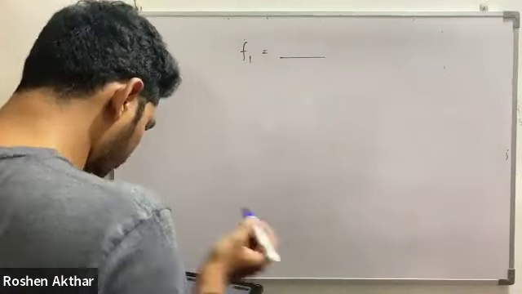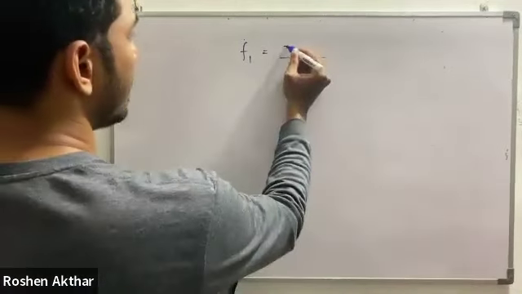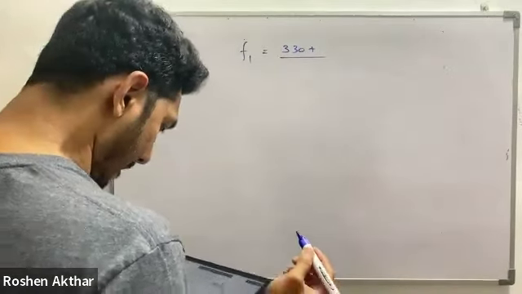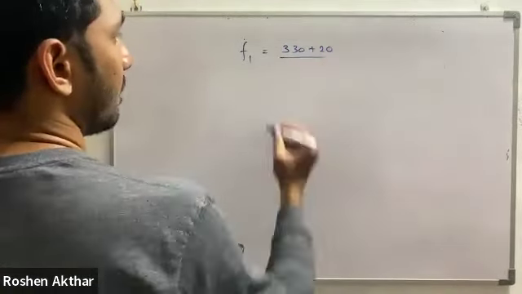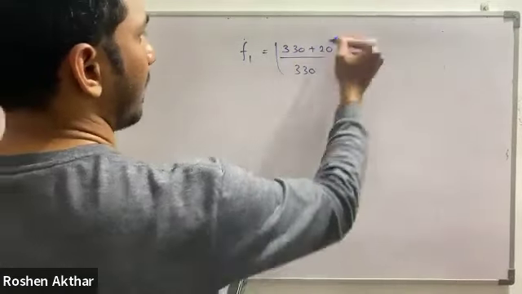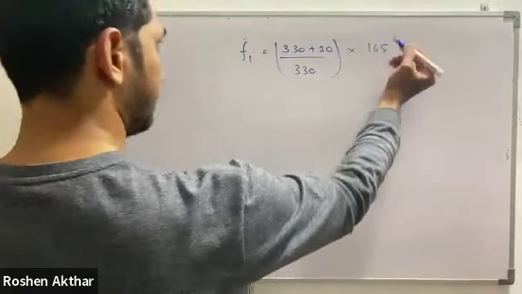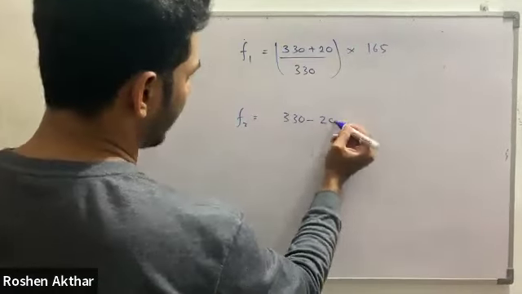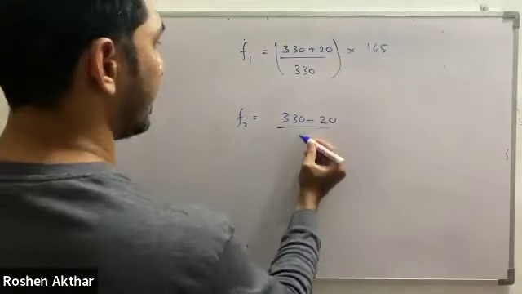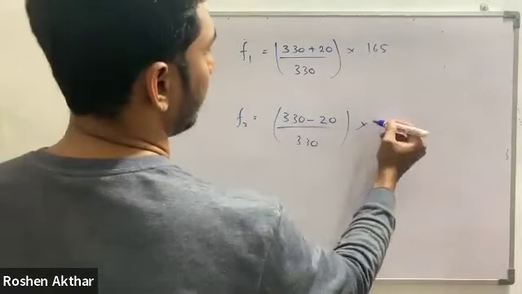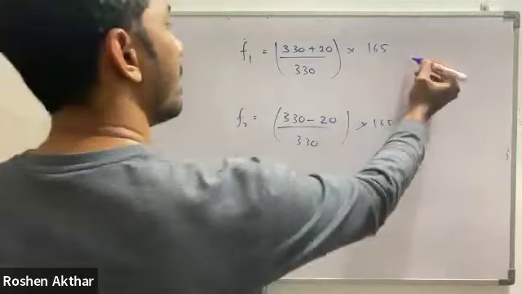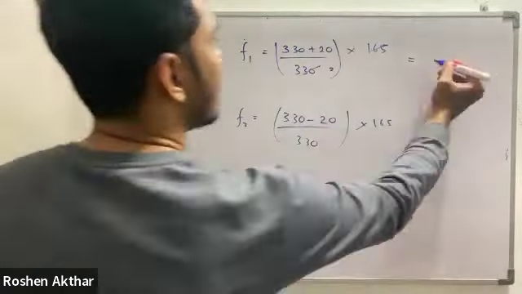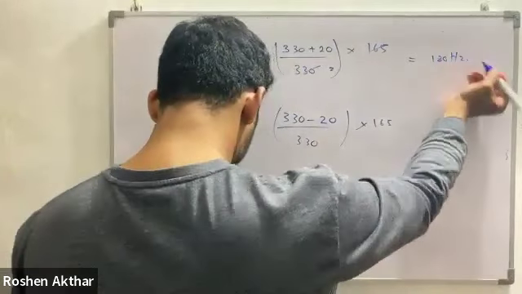So F1 is equal to 330 plus 20, over 330, multiplied by the original frequency. F2 is going to be 330 minus 20 divided by 330 multiplied by 165. Here, what is the answer? It's 180 hertz.